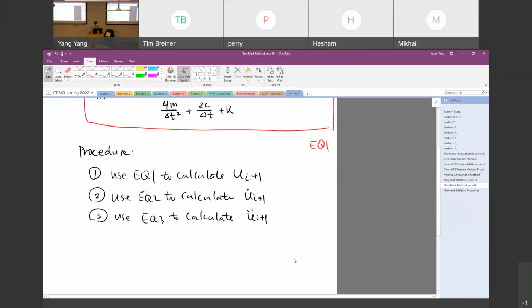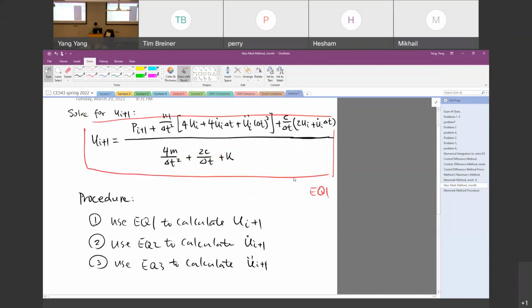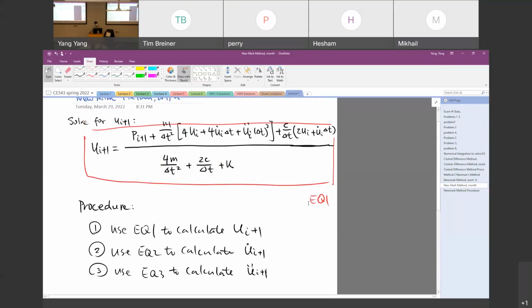So interestingly here, that's n over delta t squared.